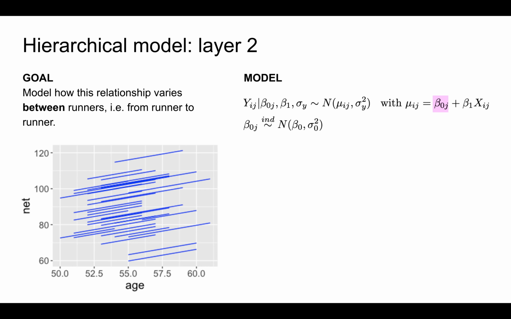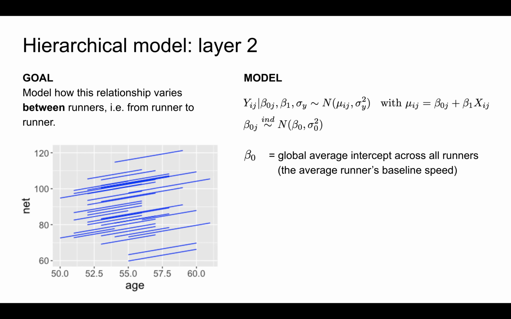Specifically, we'll assume that these baseline speeds vary normally around beta 0 with standard deviation sigma 0. That is, we expect the intercepts to be around beta 0, but they'll vary a bit from there. In this case, we can think of beta 0 as the global average intercept across all runners. Thus, in this picture, beta 0 would fall somewhere at the intercept of these typical runners.